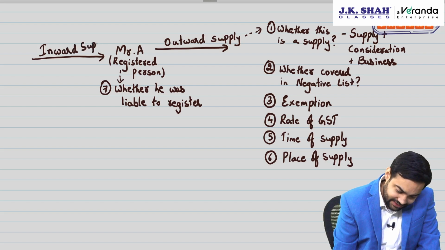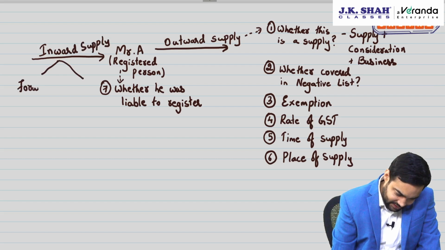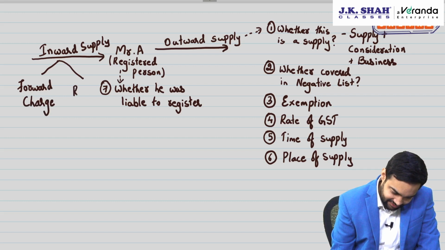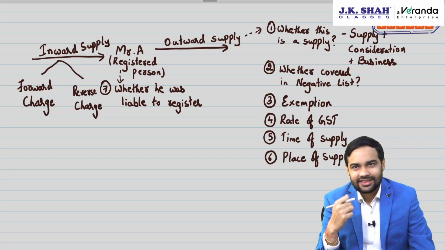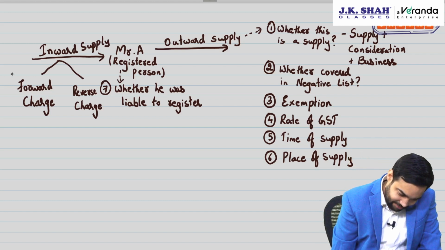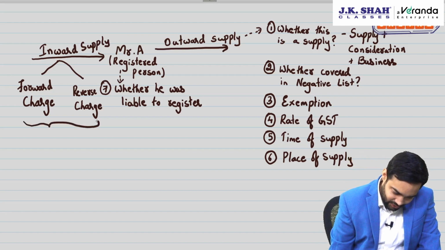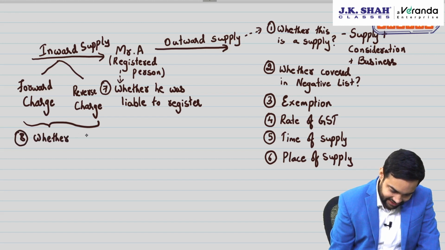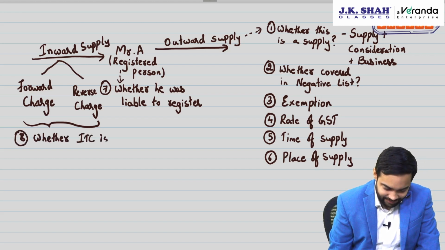On the purchase side, there can be two aspects: purchases under forward charge and purchases under reverse charge. So these are the two possibilities. Now, whether he will get input tax credit on all this is the next issue. Whether ITC is available.